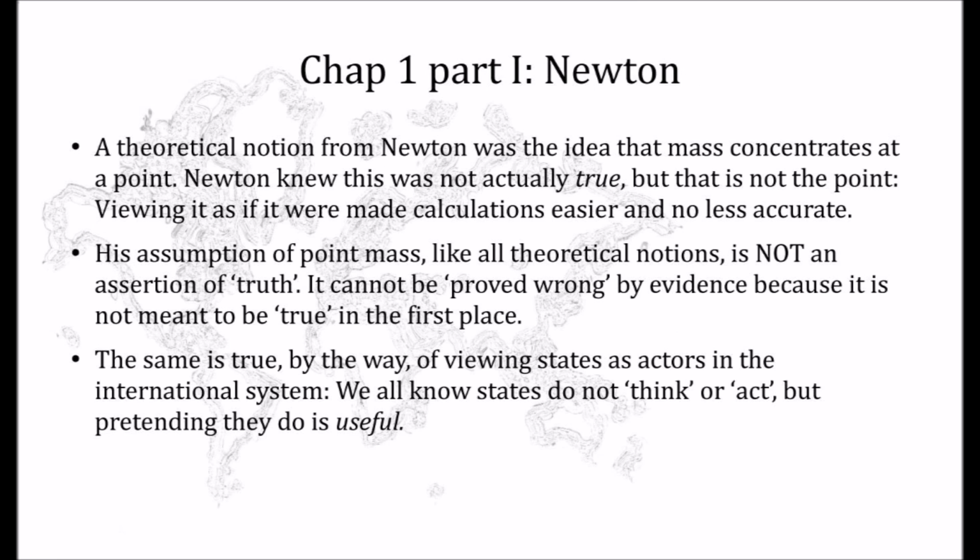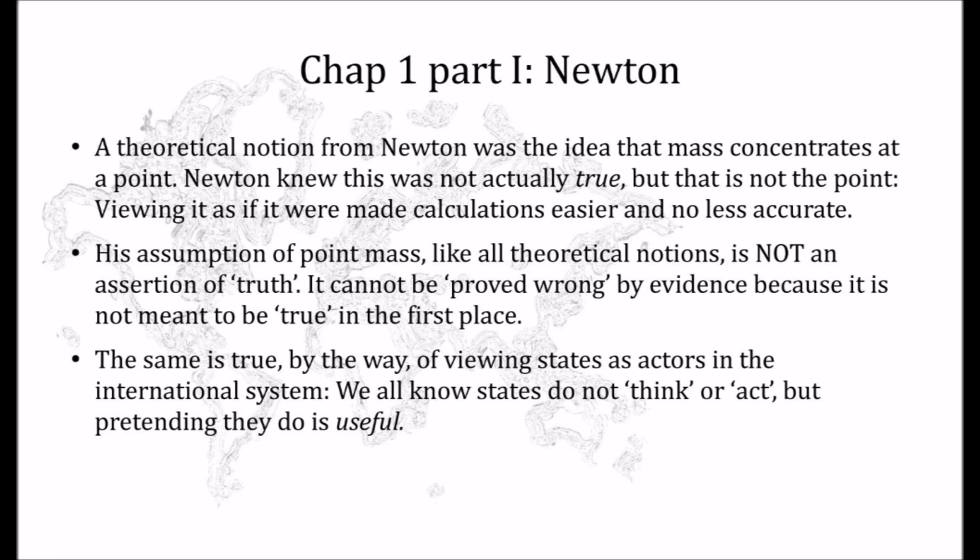Okay, so what is a theoretical notion? A theoretical notion is not the entire theory, by the way. A theoretical notion is a simplification. It's one element of a theory. And a common one that you may be familiar with from math or calculus or physics, if you've done that previously, is Newton's idea of point mass.